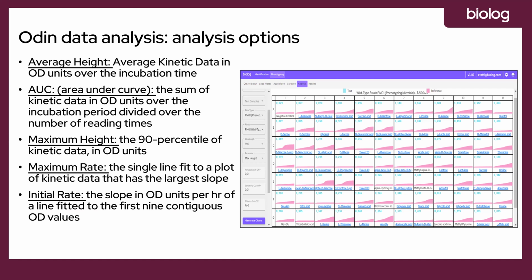Also the maximum height or maximum Y value, which is the 90th percentile of the kinetic data. But we can also assess rates, like the maximum or initial rate, which assesses the slope of the best fit line of the data, which are both great tools in fine-tuning metabolic consumption between organisms or communities. The type of analysis can be requested during the initial consultation or updated during the post-consultation call.